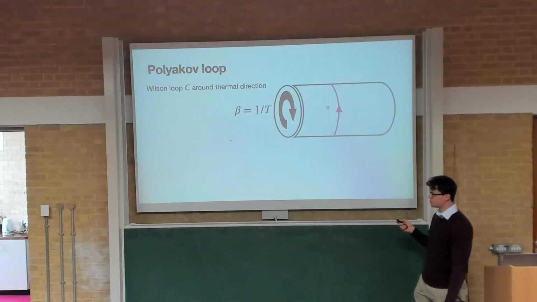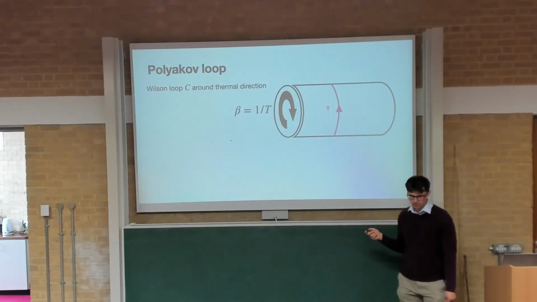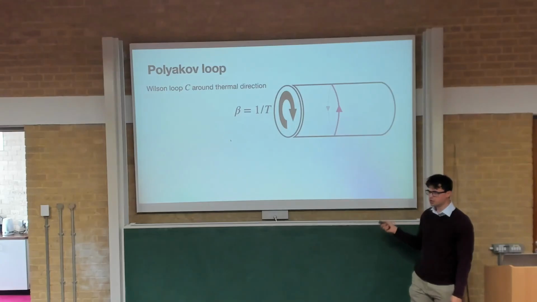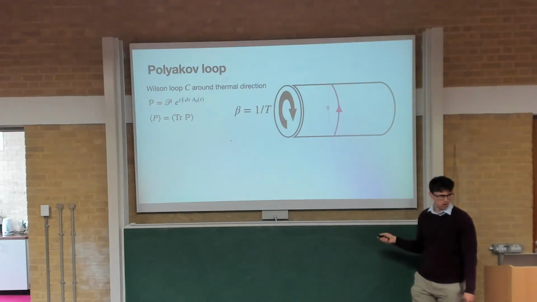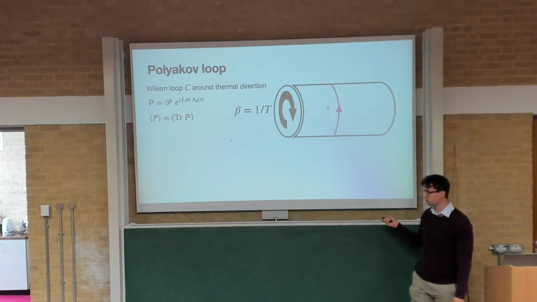A tool that we'll use to understand the partially deconfined phase and to make the cartoon picture of the mixed color space more precise will be the Polyakov loop. The Polyakov loop is the Wilson loop taken over the temperature direction, so it represents the holonomy over this compact circle.